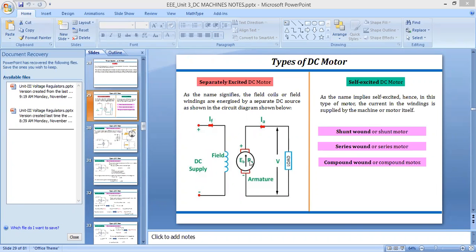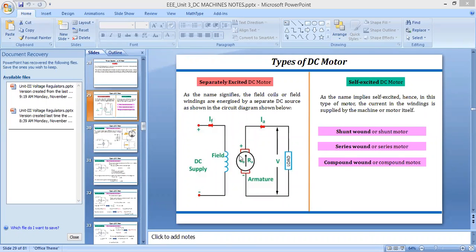I have shown only the symbol here, but we have already studied the construction of the DC motor and the DC generator. So the commutator, armature, and brushes all work as the rotationary part of the DC machine.